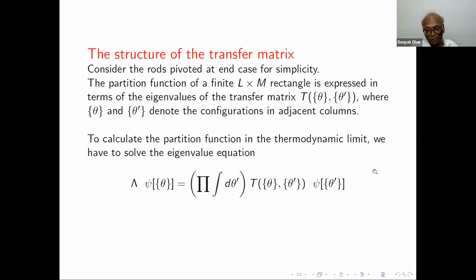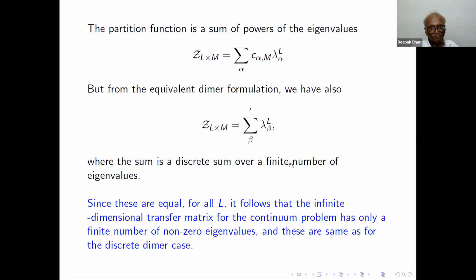You have to solve this equation, find the eigenvectors, and find the eigenvalue. The largest eigenvalue will be the one which determines the behavior of the thermodynamics. And then the partition function is given as a sum of these eigenvalues to the power L with some coefficients. But from the equivalent dimer problem, we know that this Z_L by M is actually given by a summation like this, where it is a sum over eigenvalues of the dimer transfer matrix, which is a discrete matrix with finite dimension.